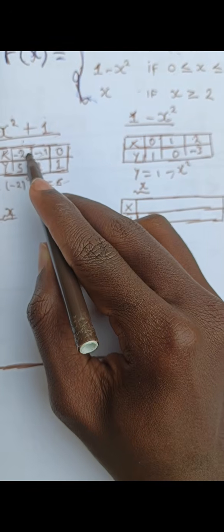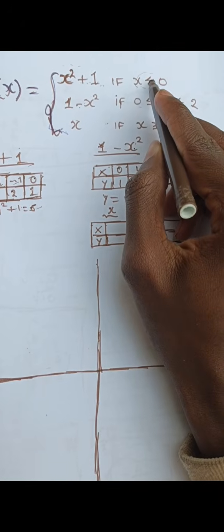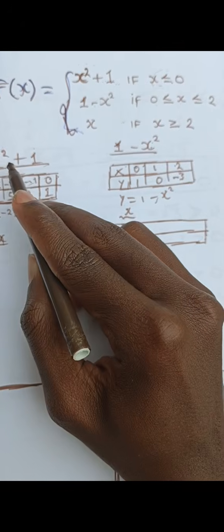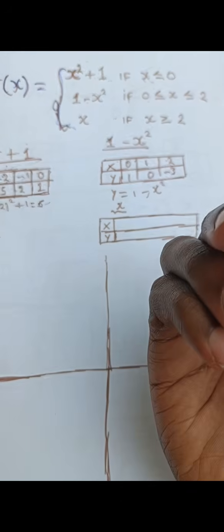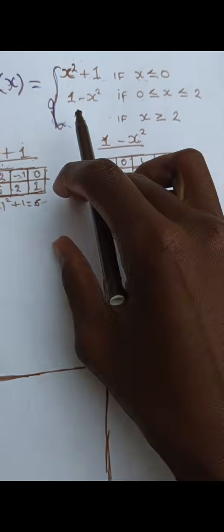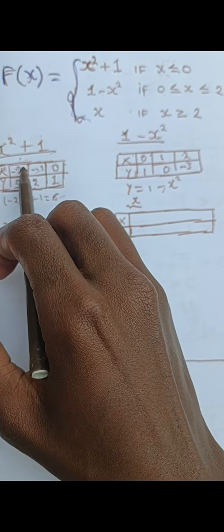In case you are wondering why I have ended on negative 2, it is because of this condition. If you want, you can even go beyond negative 2, as long as you come up with at least enough coordinates to help you sketch a graph that can be seen. But I just like ending at the third value.